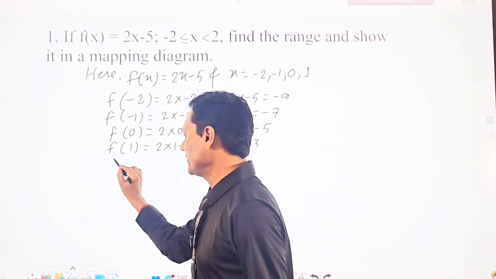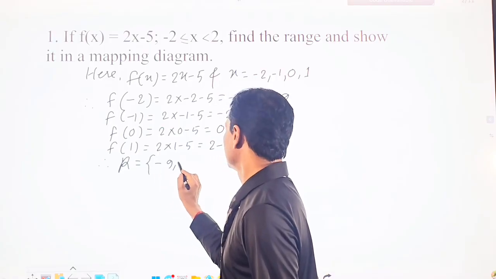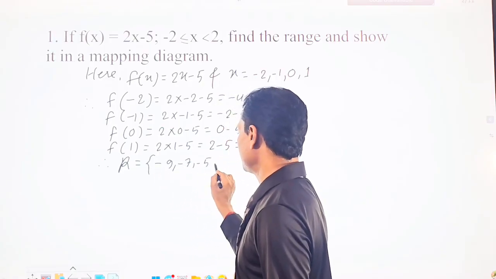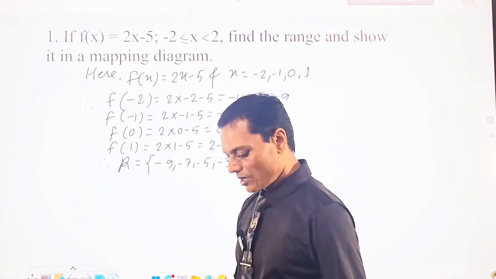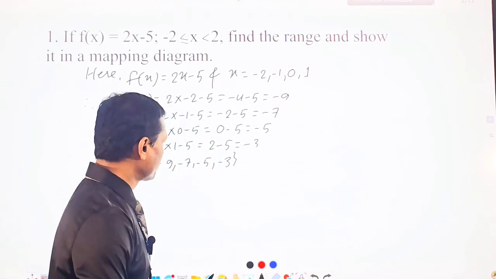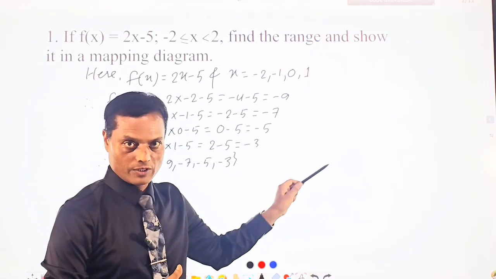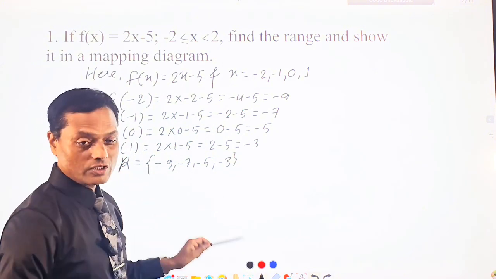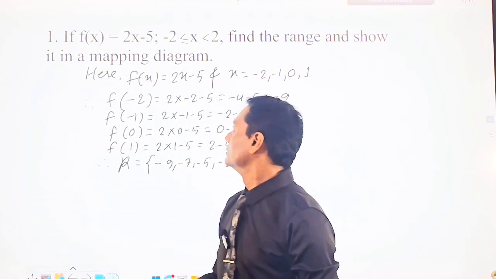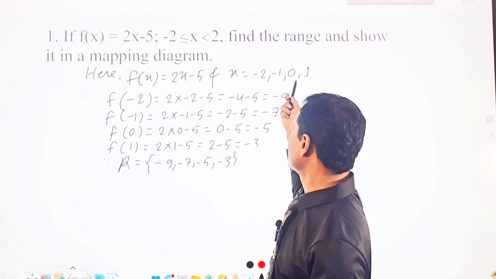So we can write here, therefore range equals minus 9, minus 7, minus 5 and minus 3. So these are the range, right? And the question is asking to find the range. Yes, we have already found the range. And if the question is asking to find the domain, then the domain is the values of x, right? So the domain will be minus 2, minus 1, 0 and 1.